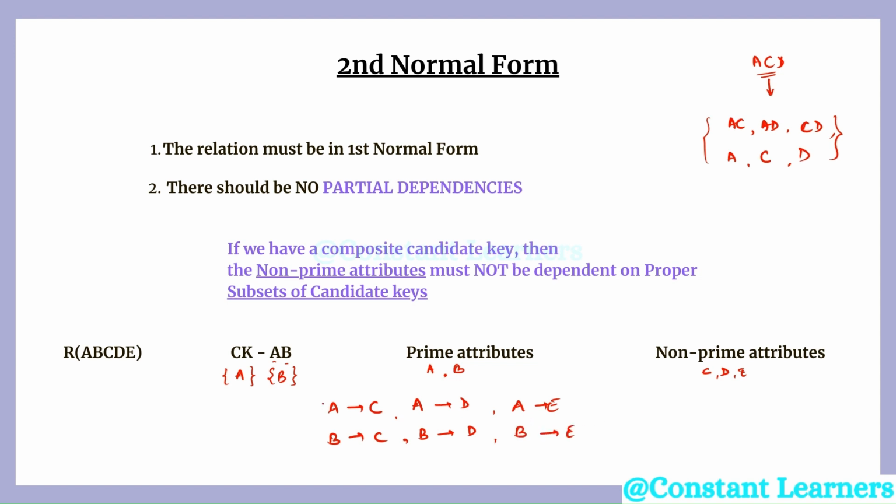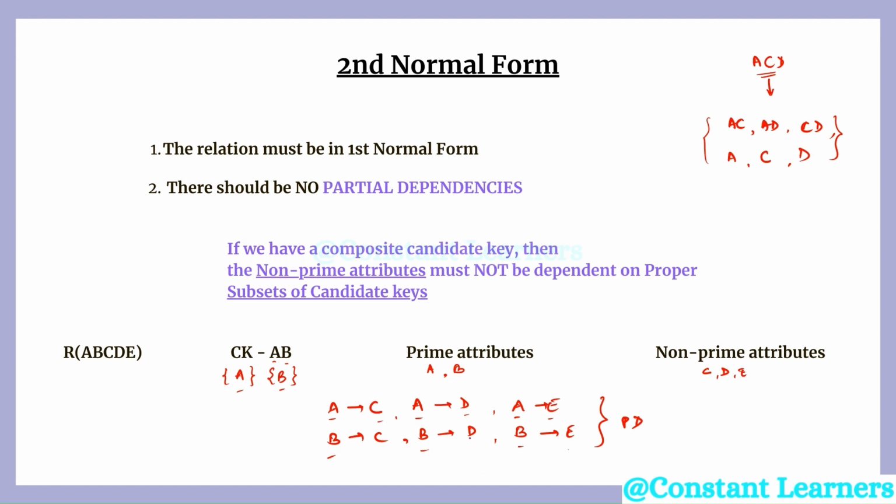Now, in this case, on the left-hand side, we have A or B, right? So, the determinants are the proper subsets of candidate key. And on the right-hand side, we have the non-prime attributes, right? So, in this case, we say that partial dependency exists, right? So, this scenario should not be present. When this scenario is not present, we say that the table or the relation is in second normal form.